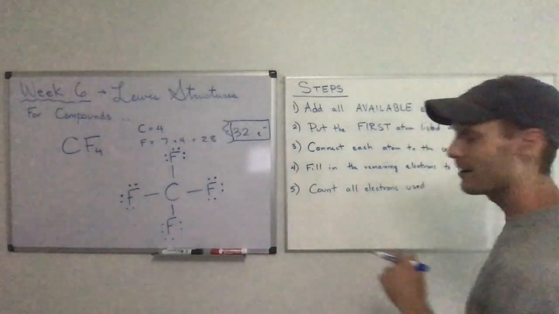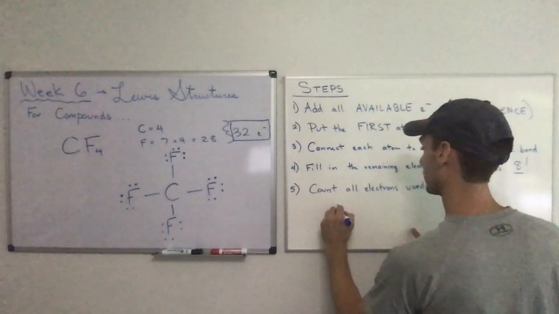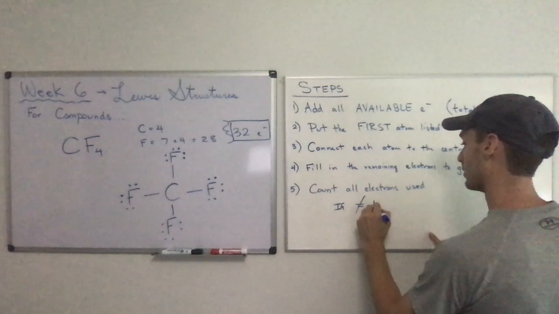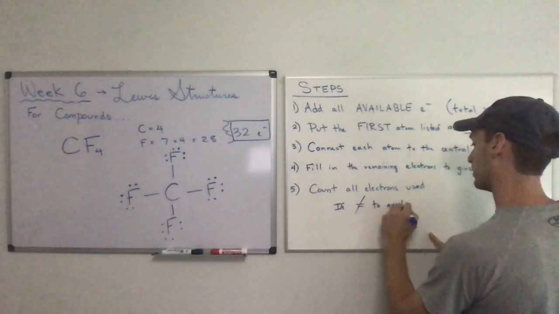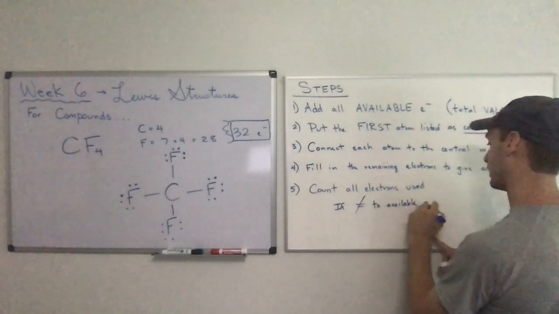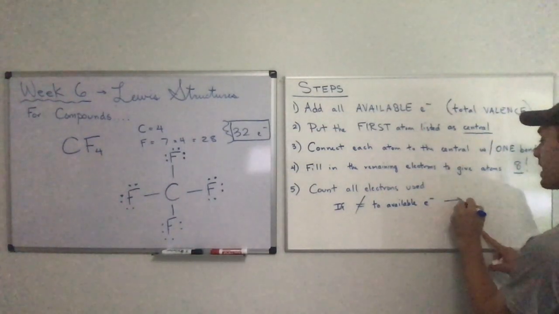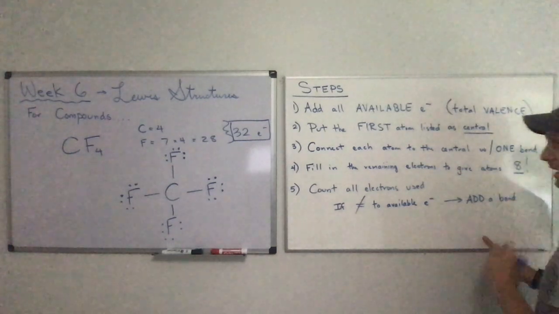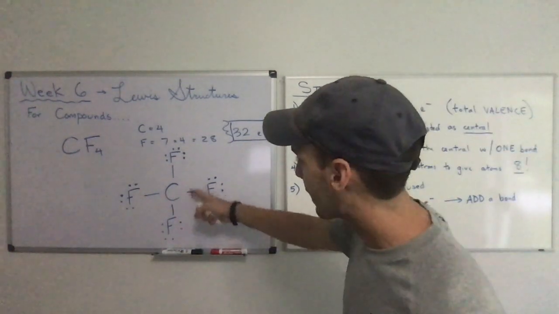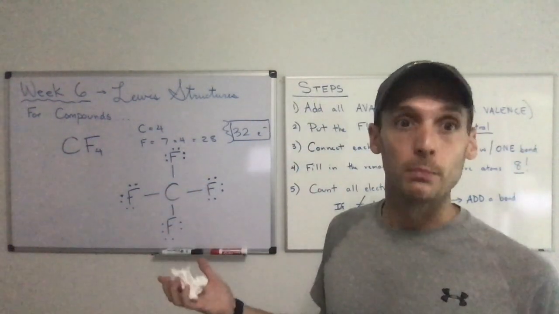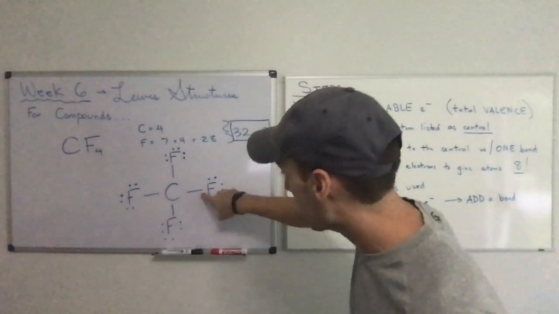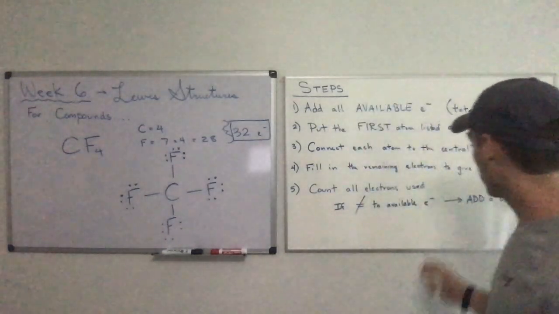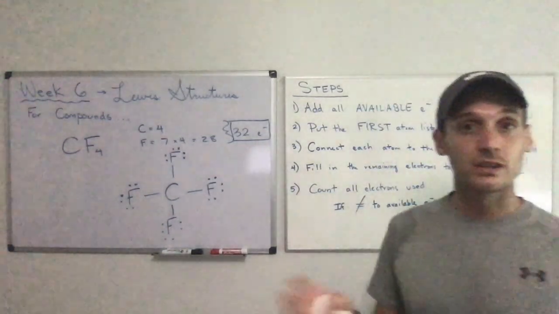Okay? If they are not equal to available electrons, then we will have to add a bond somewhere. So we would have to add what we would call a double bond, because we would have to put two bonds somewhere in this structure. But you can only do that between certain elements.